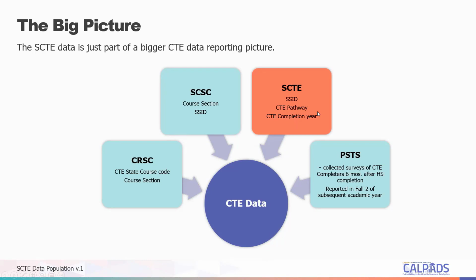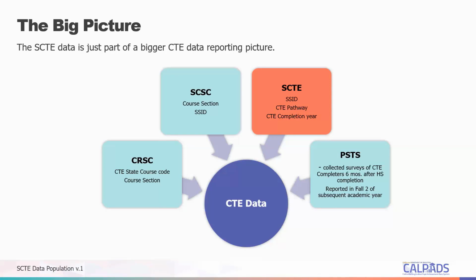After graduation or after a student completes their high school, the LEA will send out a survey 6 months after completion, and based on that survey, the PSTS record is established. That survey will basically indicate the student's status after high school completion, if the student went into the workforce or continued on to college.